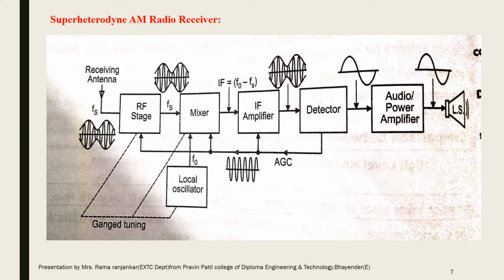After mixing these two frequencies, the intermediate frequency is FO plus or minus FS. But because of this receiver section, we reduce the high frequency signal and pass the low frequency signal, and therefore the output of the mixer will be FO minus FS.